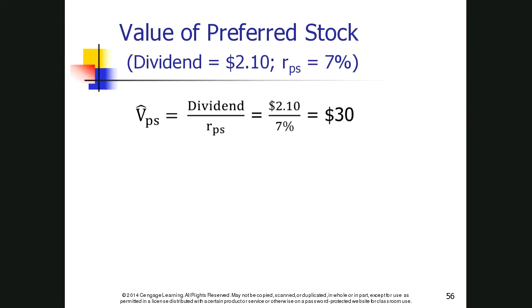It is evaluated as simply taking the dividend divided by the periodic interest rate. So if it's an annual dividend, then you use the annual rate. If it's a semi-annual dividend, you use the semi-annual rate, and so on and so forth.